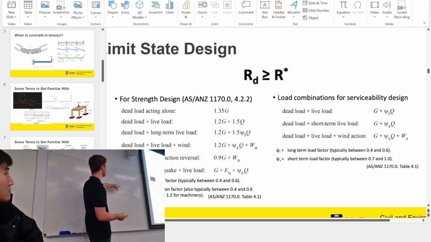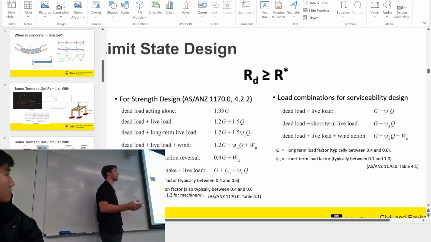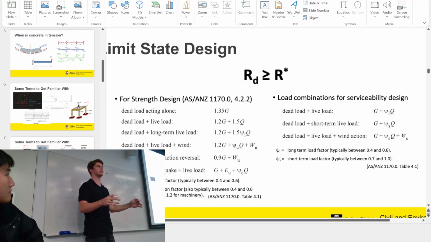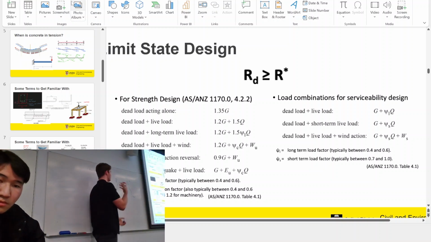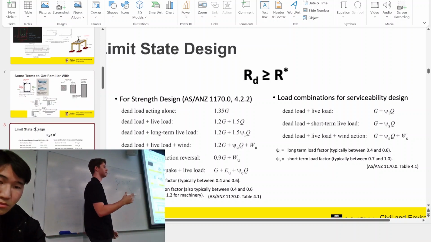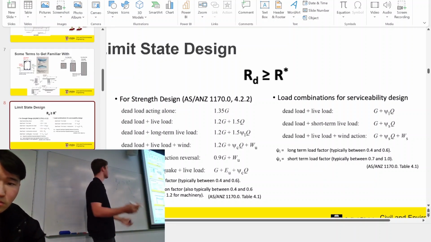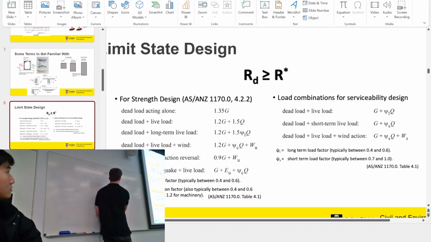But when you're actually looking at the beam that you're going to design, because it's all theoretical, we don't live in a perfect world where we can design everything down to the very last atom. We've got to actually be realistic about it. So on this side, we're going to apply factors like 0.9 or 0.85.